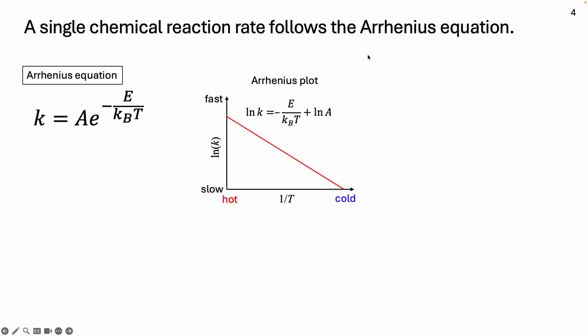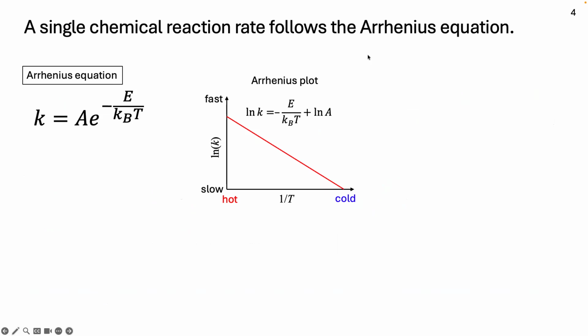And then to understand this formula, this poster is very useful. The horizontal axis is 1 over temperature, and the vertical axis is the log of the chemical reaction rate. The left side is hot, and the right side is cold.